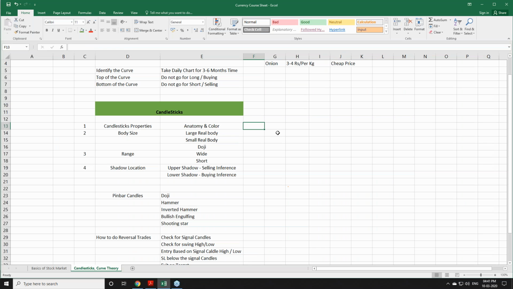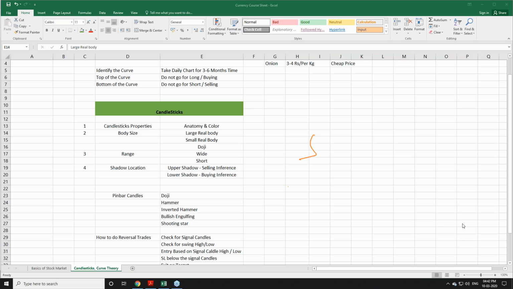So now we have learned anatomy and color. Now the candle body size, it's very similar to a short guy and a tall guy. What is the difference between them? Everyone has two eyes, one nose, one mouth, two hands and two legs. But Senthil is short and Prabhu is tall. So we can tell like that.